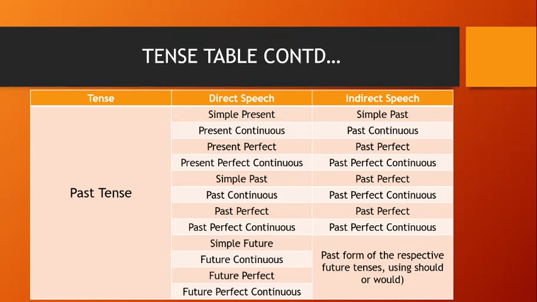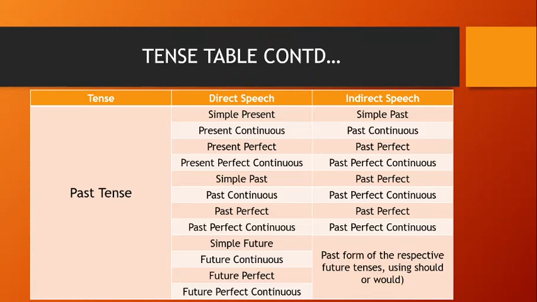Present perfect continuous becomes past perfect continuous. Past perfect remains past perfect. Past perfect continuous remains past perfect continuous. But the difficulty arises when we convert simple past or past continuous tense. For this, remember this one formula: SP is equal to PP and PC is equal to PPC.